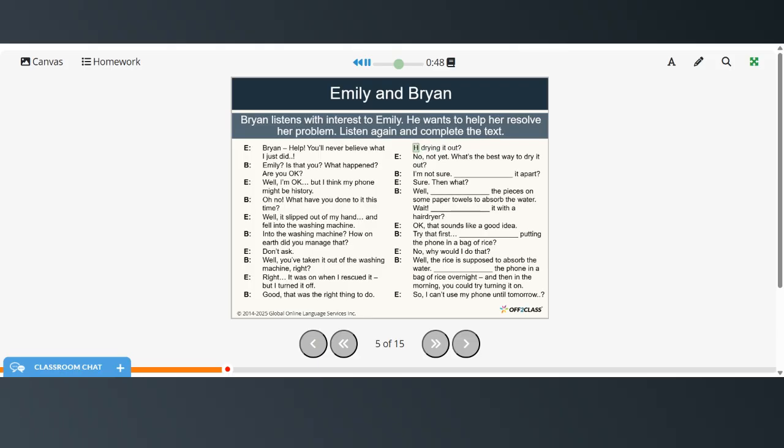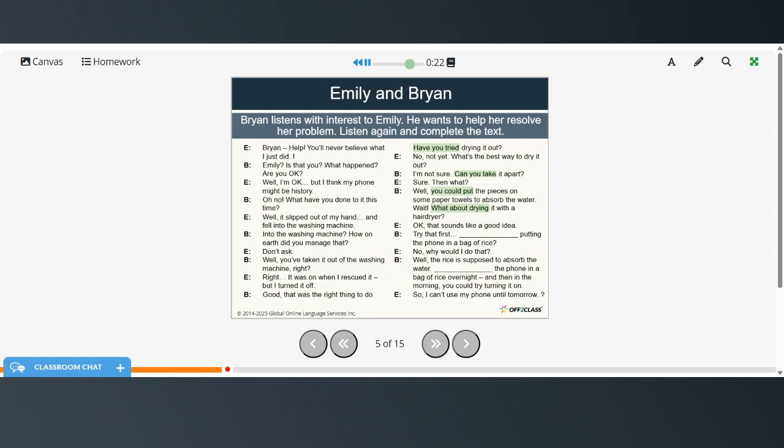Have you tried drying it out? No, not yet. What's the best way to dry it out? I'm not sure. Can you take it apart? Sure. Then what? Well, you could put the pieces on some paper towels to absorb the water. Wait, what about drying it with a hair dryer? Okay, that sounds like a good idea.